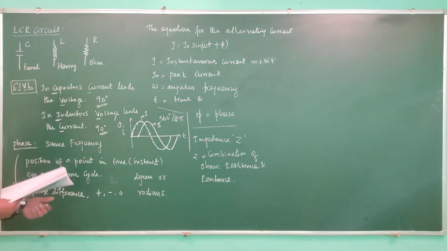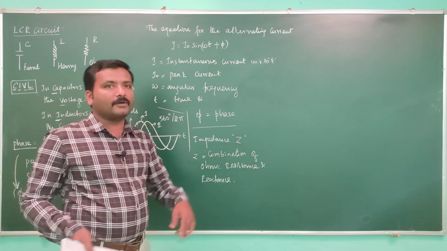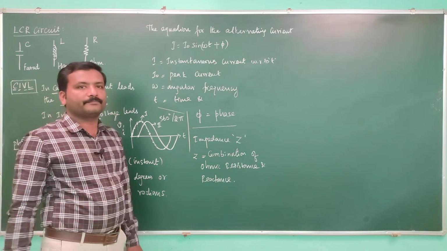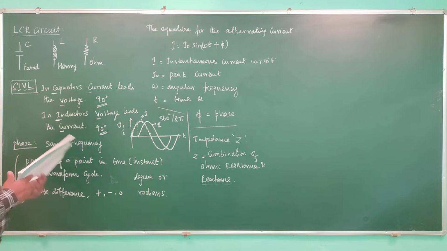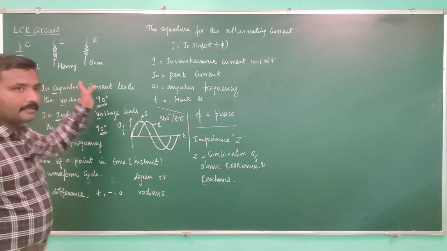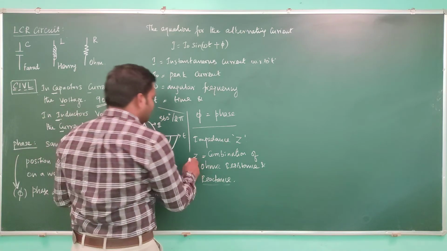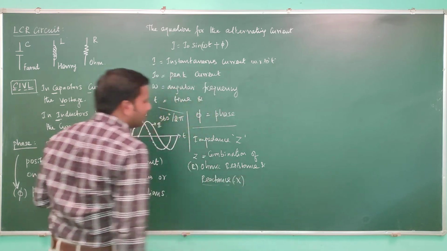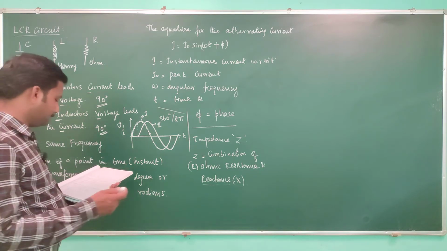Ohmic resistance is the hindrance offered by the resistive component of the circuit, whereas reactance is the resistance offered by the inductive or capacitive component of the circuit. So ohmic resistance is denoted by R, reactance is denoted by X.